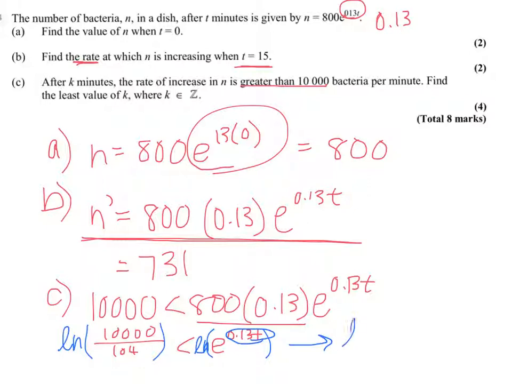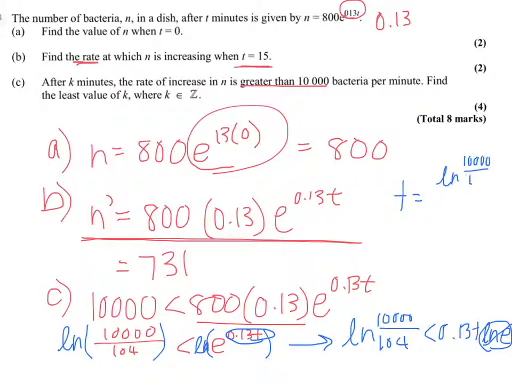So it becomes natural log of 10,000 over 104 is less than 0.13t times the natural log of e. And natural log of e is just 1, so we don't need that anymore. And so now t is equal to the natural log of 10,000 divided by 104, all divided by 0.13.